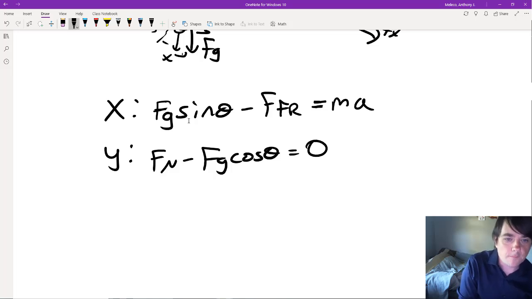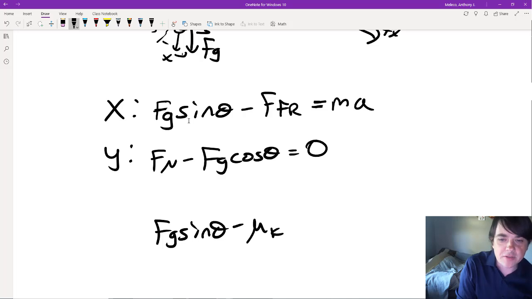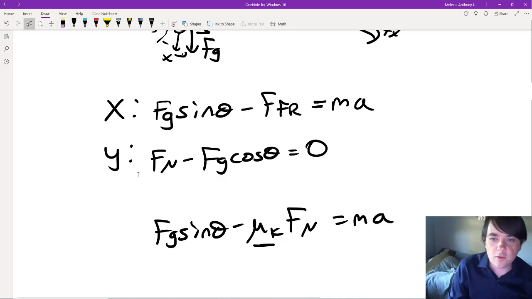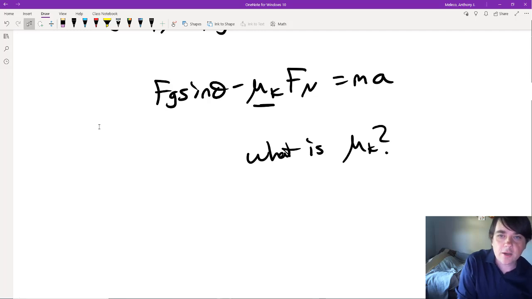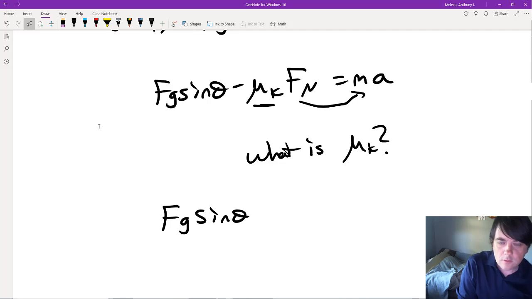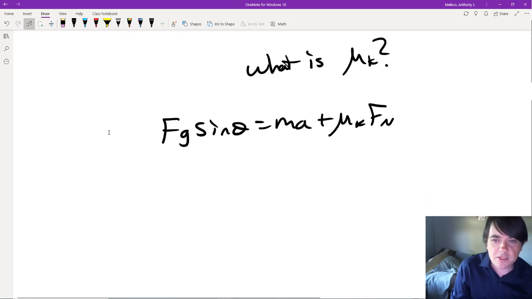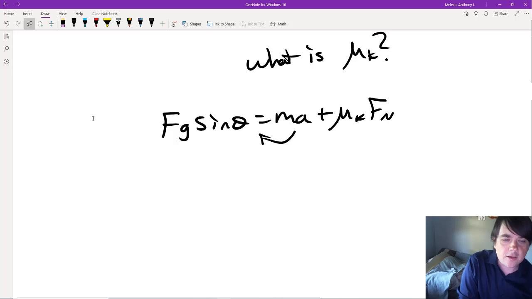So we want Fg sine theta minus, if we unbundle it, we want to solve for mu k. So I'm going to add this over to the other side, and then subtract that guy.